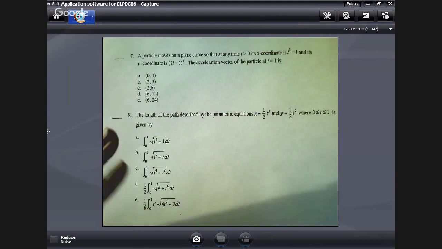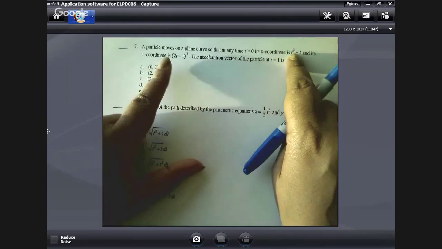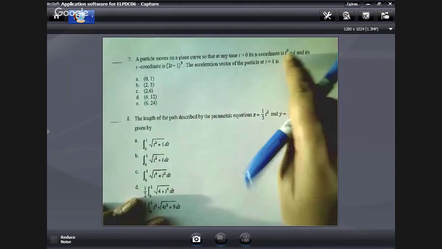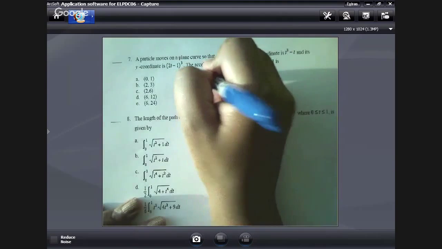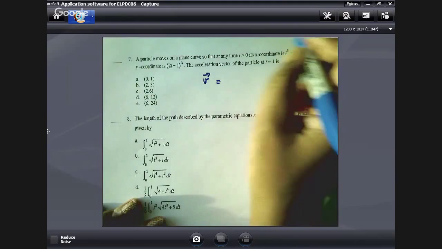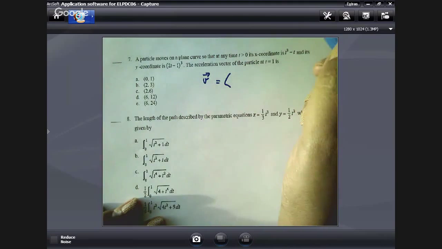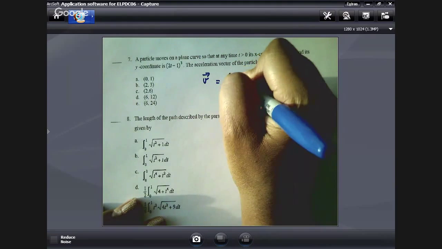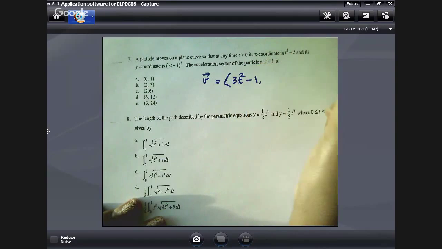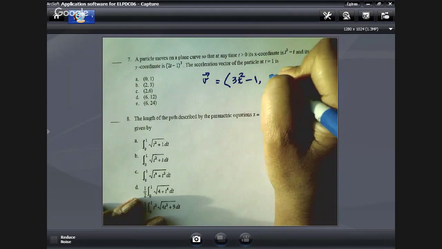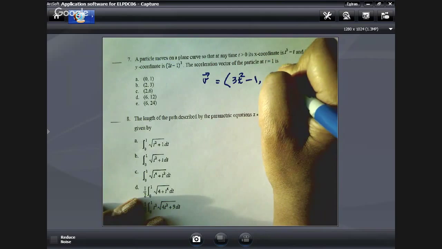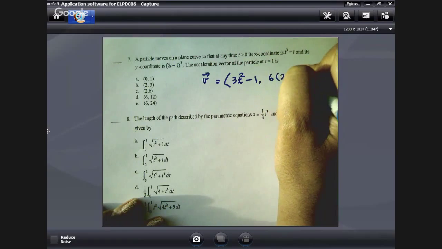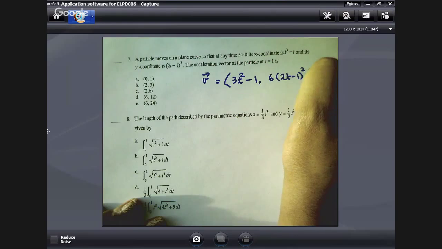So these are the two components of the position vector. So the velocity vector is going to be equal to the derivative of t cubed minus t, which is 3t squared minus 1, and the derivative of (2t minus 1) cubed, which will be 3 times 2, which is 6, times (2t minus 1) squared.